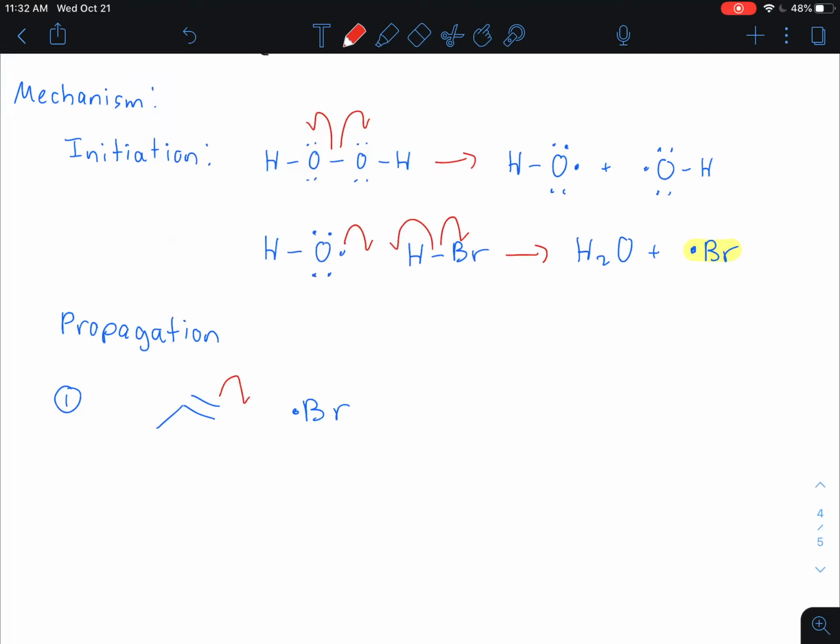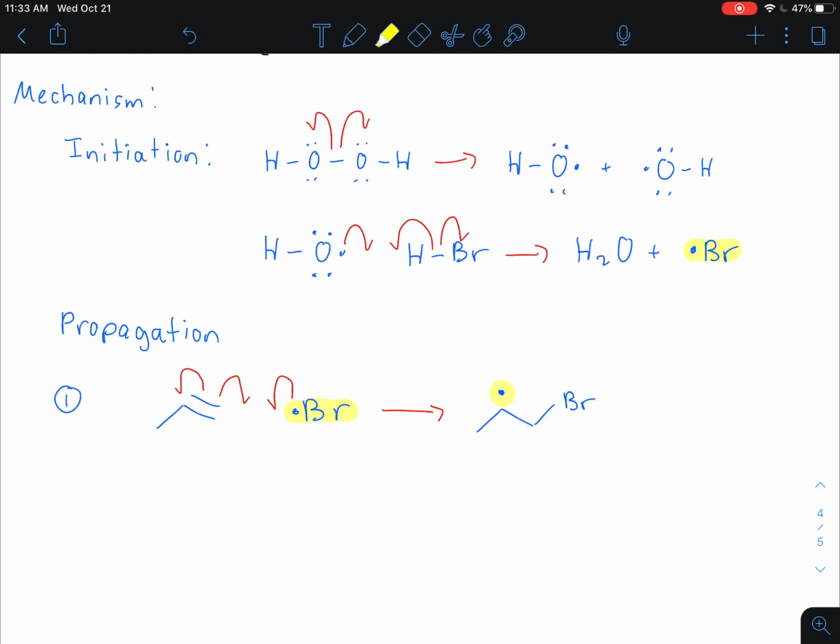As with all of our propagation steps, this is a step where the bromine radical is getting consumed, but its consumption is leading to the production of a hydrocarbon-based radical. So the bromine installs at the end, giving us the radical on the secondary carbon, and that is taking place because, just like carbocations, we'd rather have a radical on a more substituted carbon.